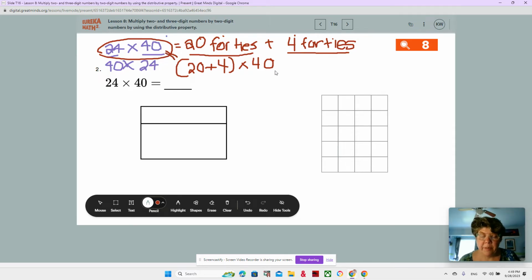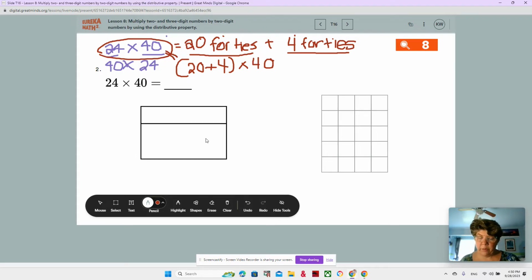All right? To better represent the sizes of the partial products, let's show our thinking in our area model. And we have this area model right here in number 2. When we multiply 20 by 40 and 4 by 40, does it matter which one we do first? No, we can multiply 20 by 40 first, or we can multiply 4 by 40 first, right? It's totally up to us which one we want to do because we have the commutative property, right?